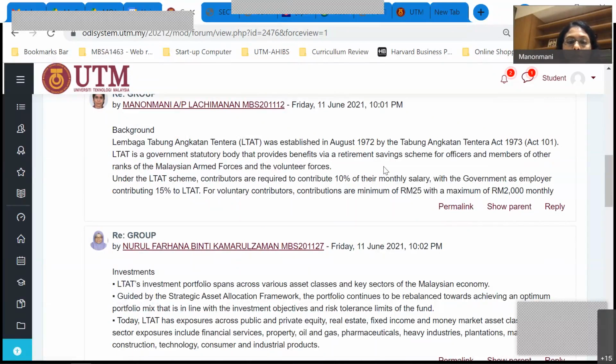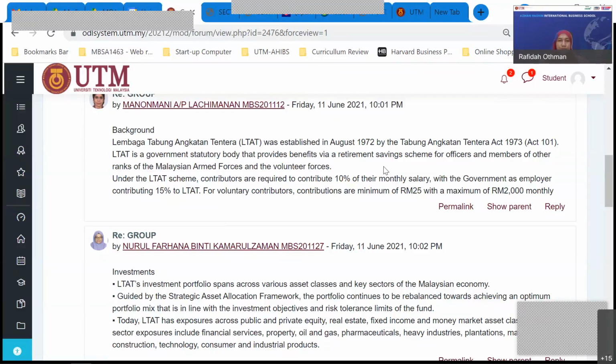The contribution required from the employees is 10% of their monthly salary, while the government will be contributing 15%. There can also be voluntary contributors, with a minimum of 25 ringgit and a maximum of 2,000 ringgit monthly. The following will be covered by my teammate.